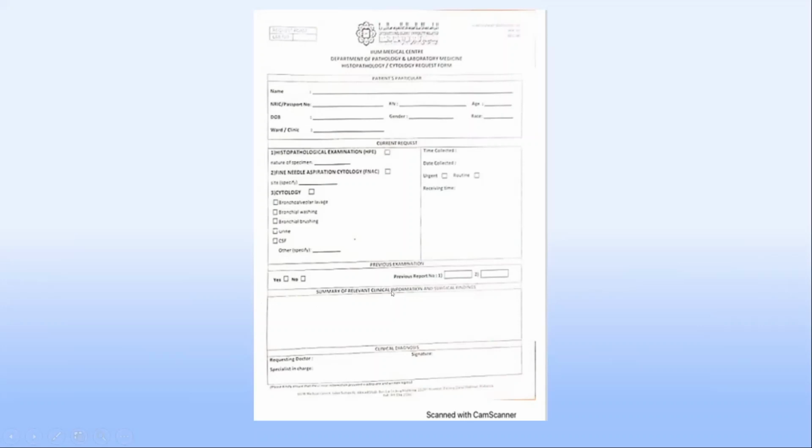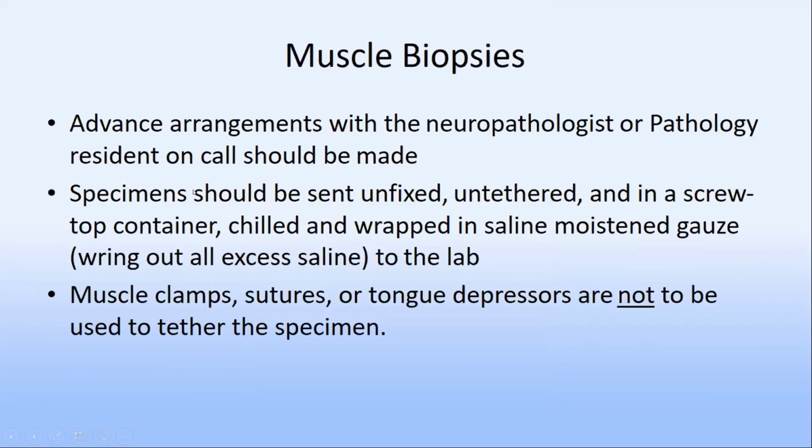Once they've been to our place, the request forms are most of the time very detailed, and we are quite happy. Basically, this is the way of good communication. The best outcome from clinician and pathologist interaction is achieved when there is good communication.